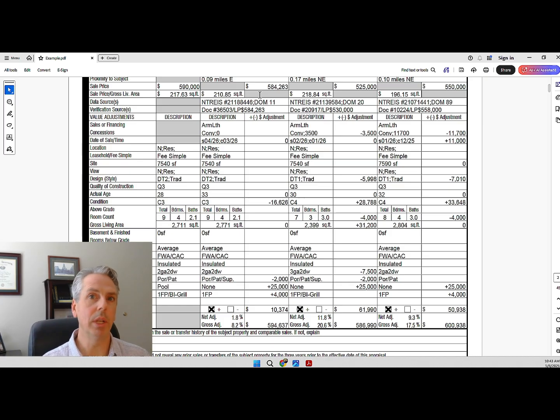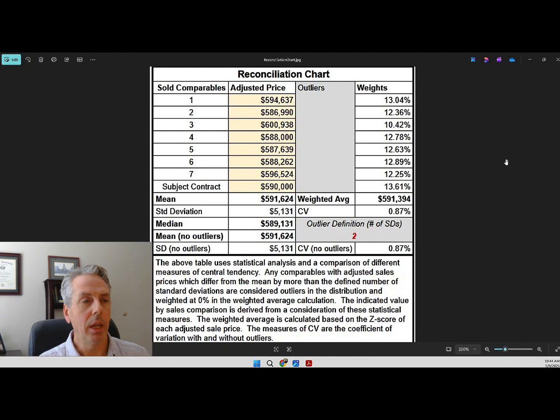If you put a different mix of people in that transaction, slightly different perspectives, different motivations, those prices are going to change. Well, that variation is the variation that's reflected in the adjusted sales price distribution. So if we look at that as a distribution, this chart right here is designed to look at the distribution.